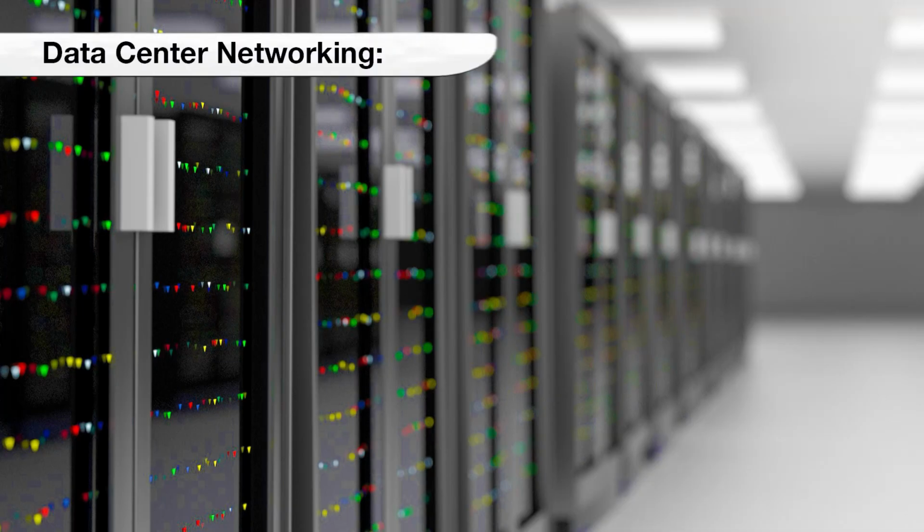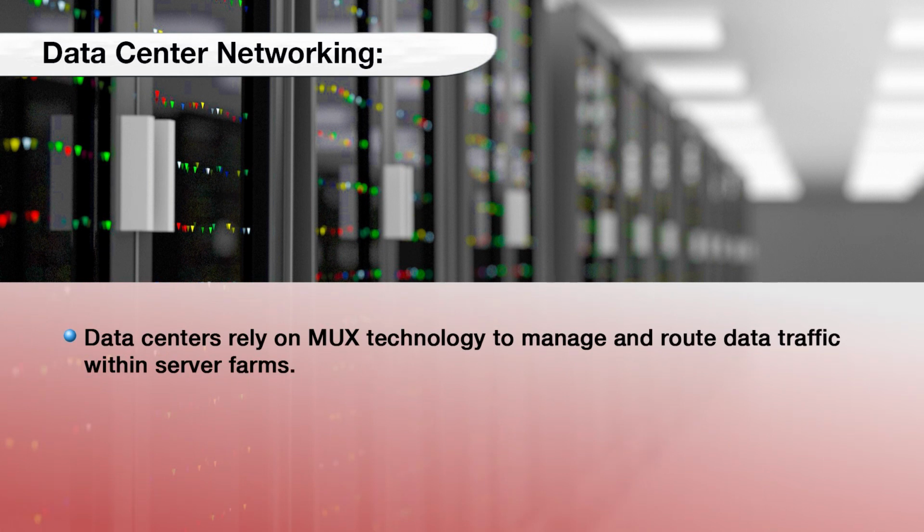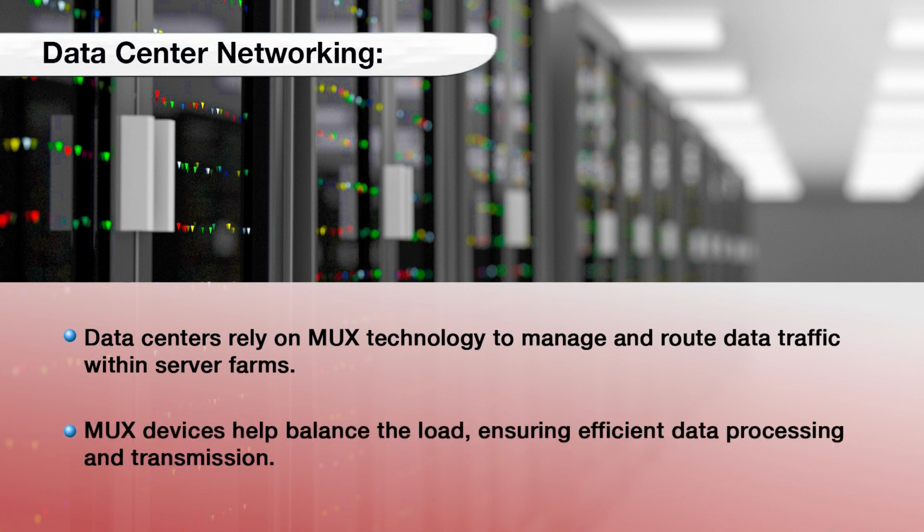Data center networking. Data centers rely on MUX technology to manage and route data traffic within server farms. Multiplexer devices help balance the load, ensuring efficient data processing and transmission.